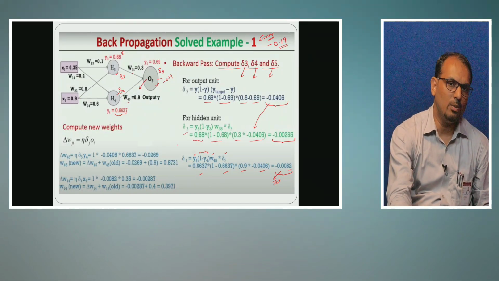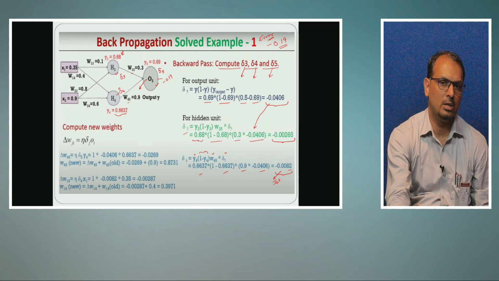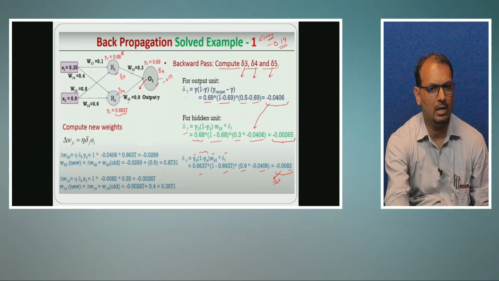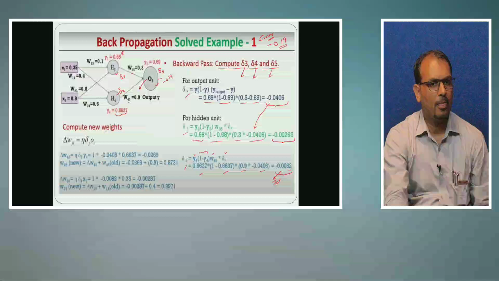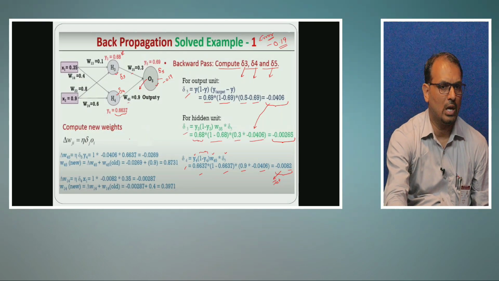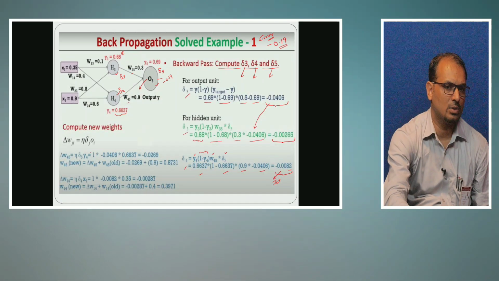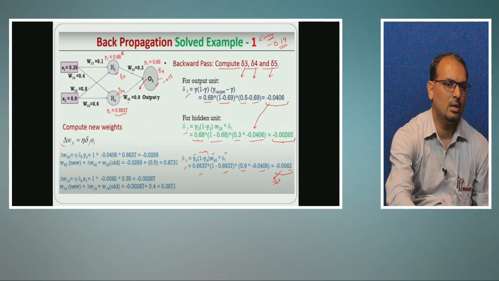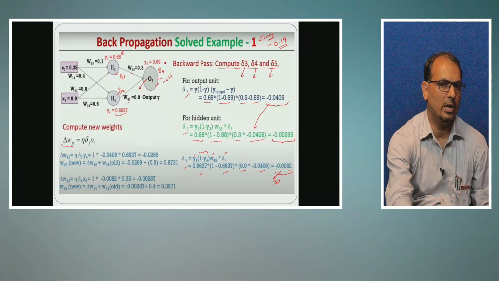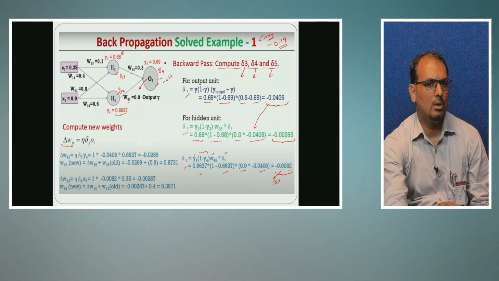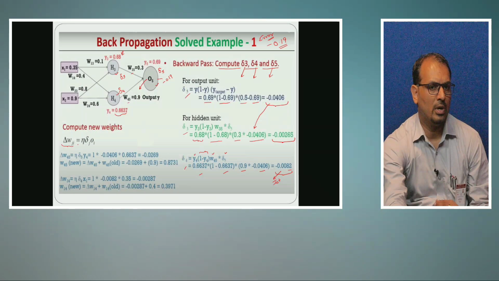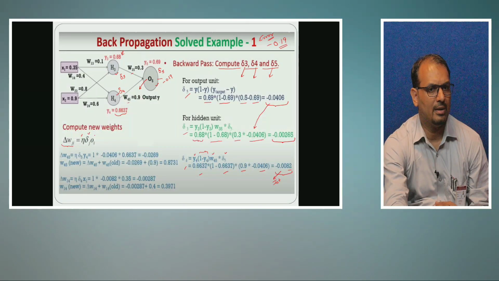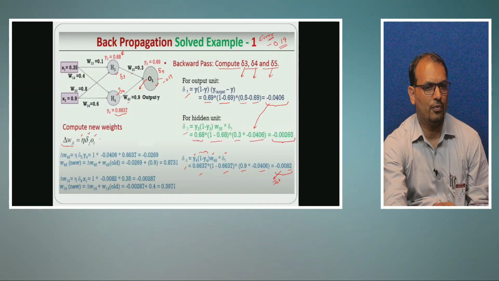Once we know delta 3, delta 4 and delta 5, how are we going to calculate the new updated values? What is that formula? So far we calculated only delta, we didn't calculate delta omega ji, and the formula for that is learning rate, delta and output of that node.